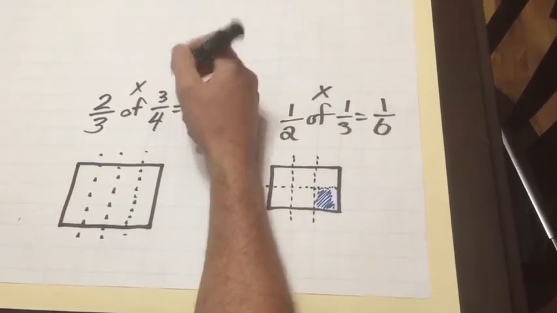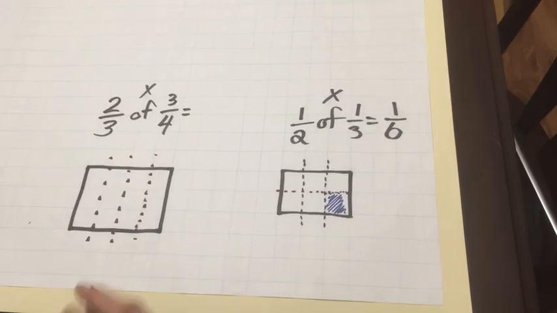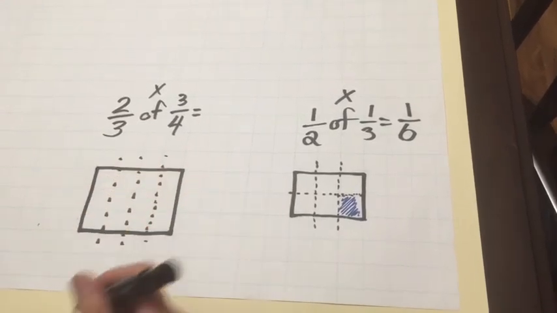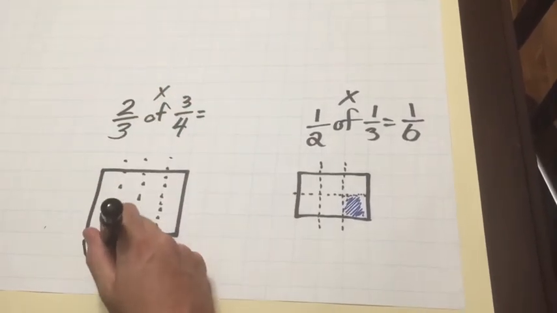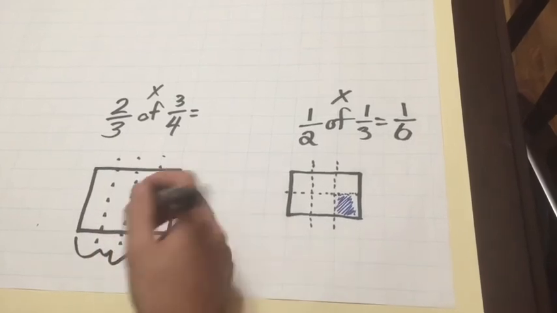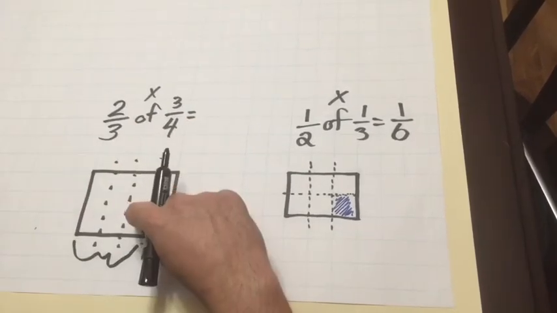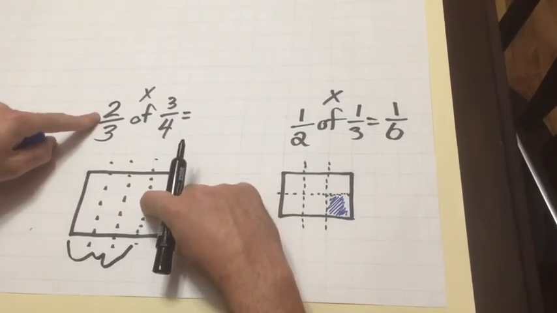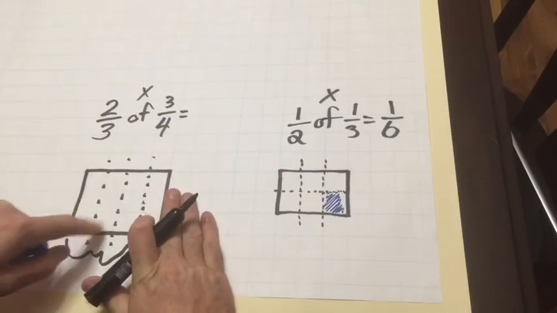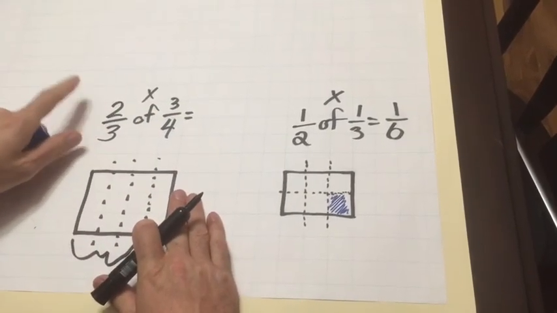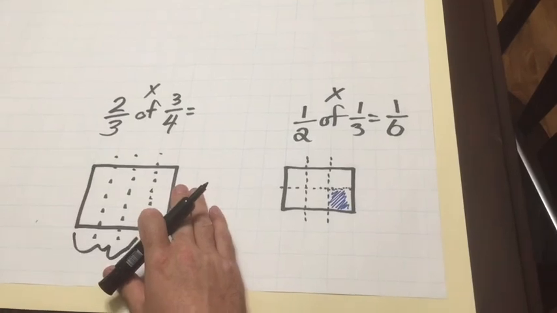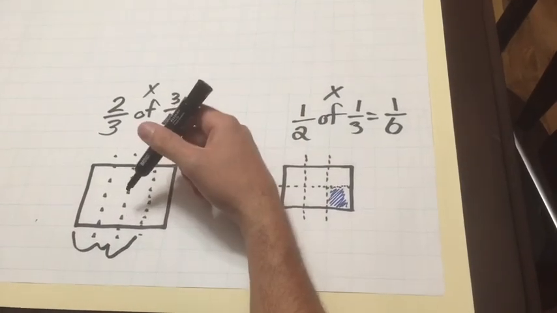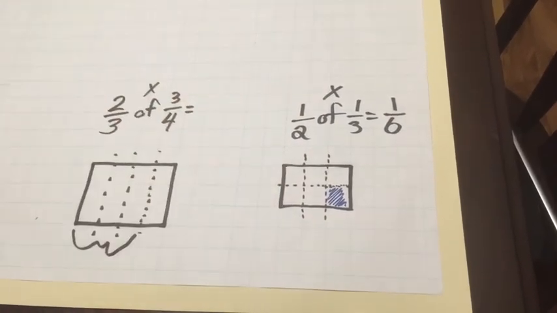Now I need 3/4 of that. So now I'm going to deal with just these 3 parts right here, these 3 rows right here. Now out of these 3 rows, I want 2/3 of that, right? So hey, look what I'm left with out of these 3 here.